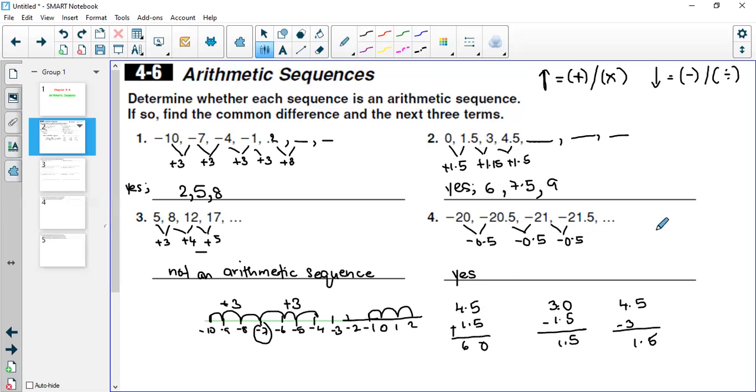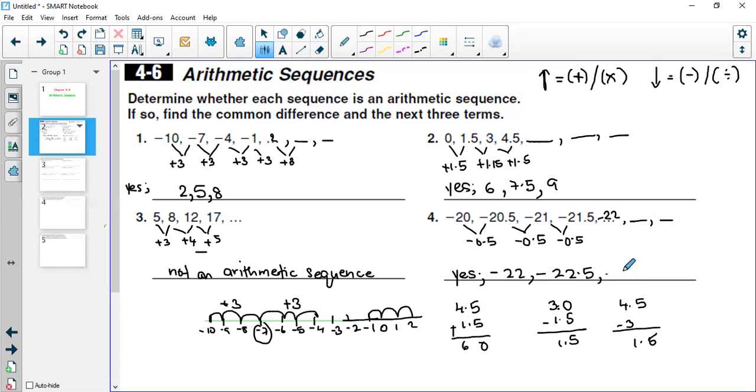So we have to find the next three terms. Negative 21.5 minus 0.5 would give you negative 22. The next one is going to be negative 22.5.